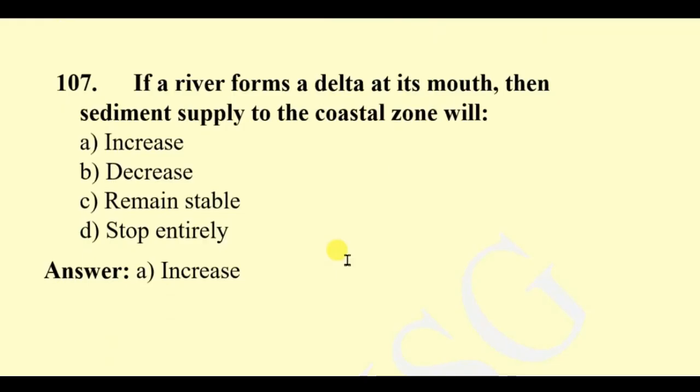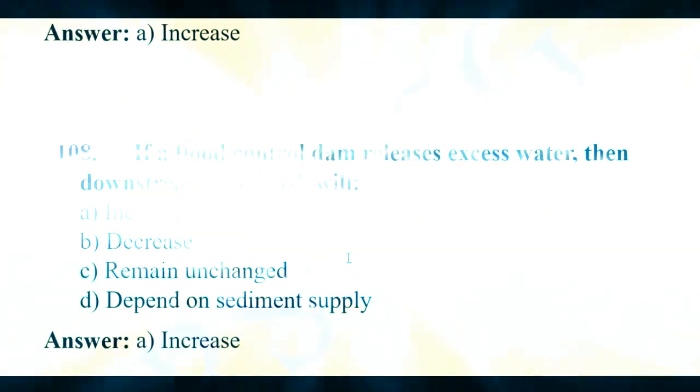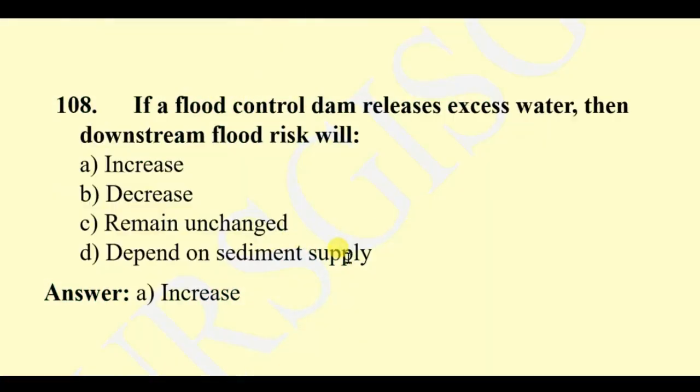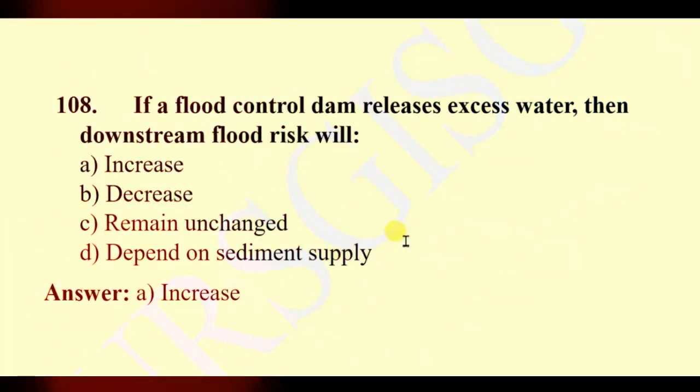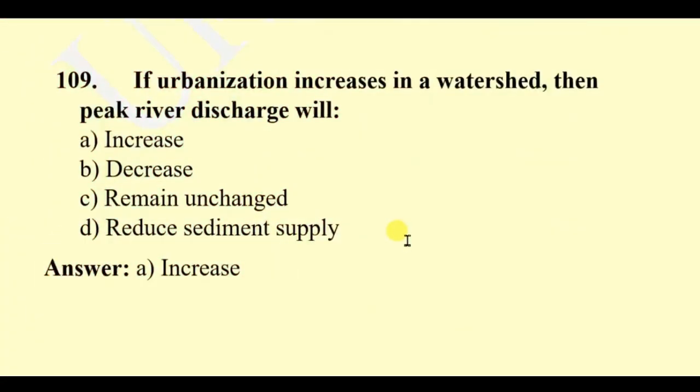Question 107. If a river forms a delta at its mouth, then sediment supply to the coastal zone will increase. Question 108. If a flood control dam releases excess water, then downstream flood risk will of course increase. Question 109. If urbanization increases in a watershed, then peak river discharge will increase.